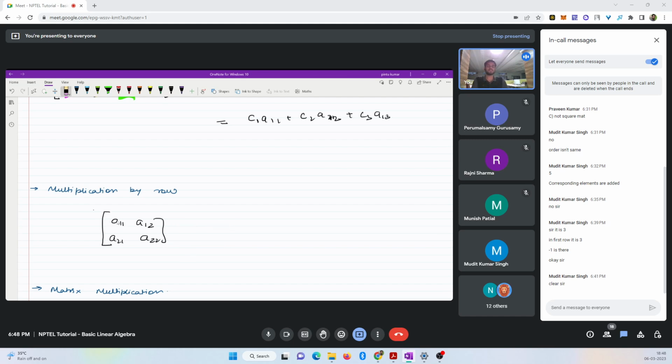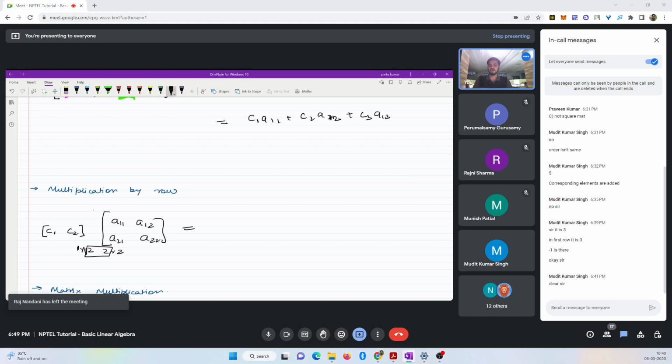So multiplication by a row would mean pre-multiplying it with some row. Now this is 1 cross 2. This is 2 cross 2. Now our sizes are compatible, so we can multiply this.